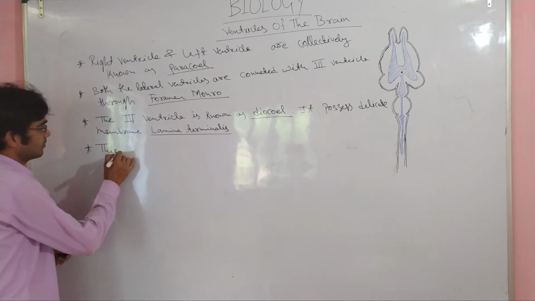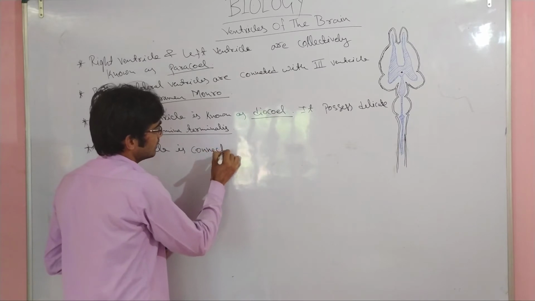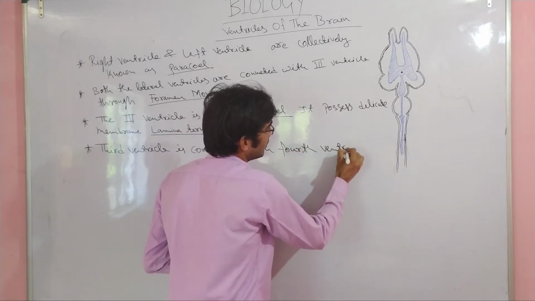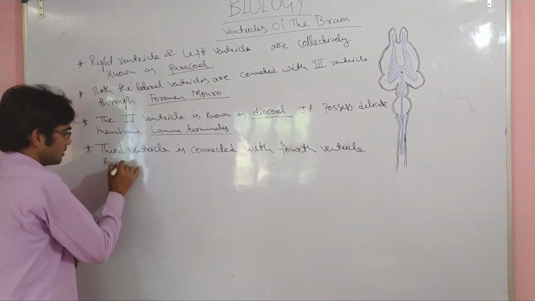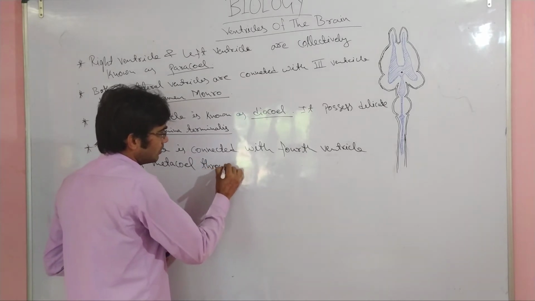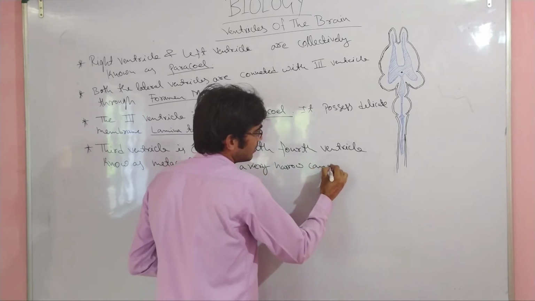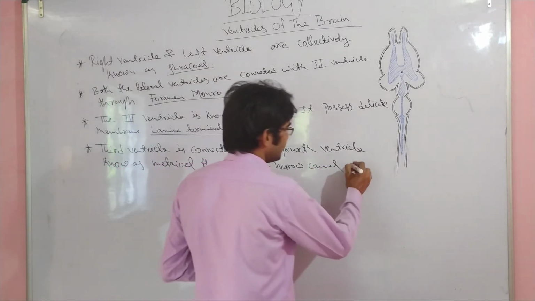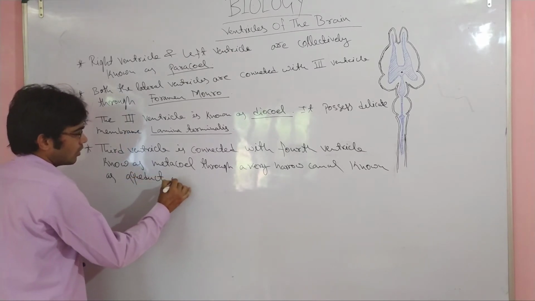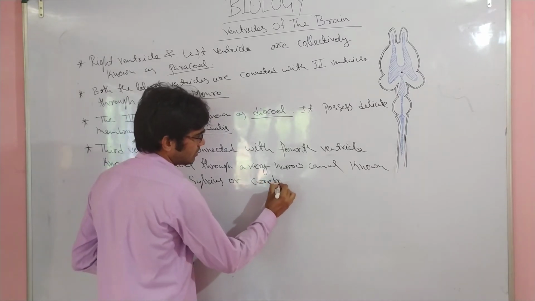So here the third ventricle is connected with the fourth ventricle, known as metacele, through a very narrow canal known as the aqueduct of Sylvius or cerebral aqueduct.